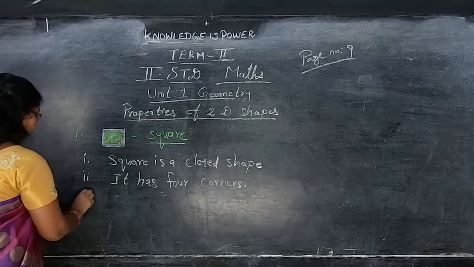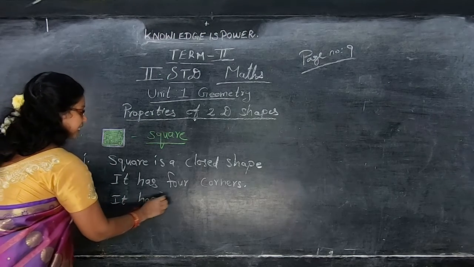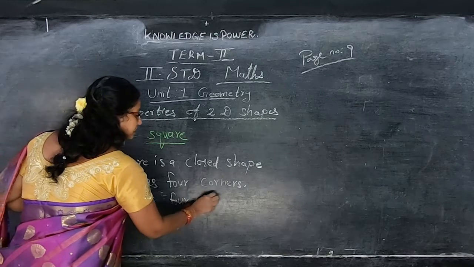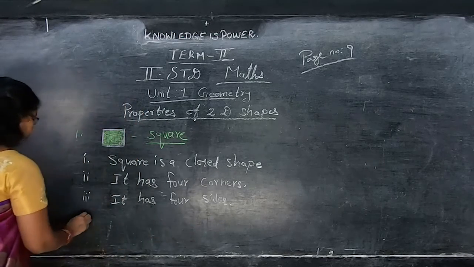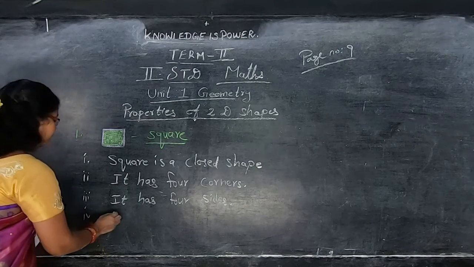Point 3: it has 4 sides. Point number 4: all the 4 sides are equal.